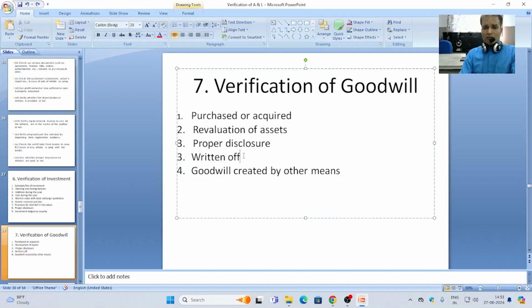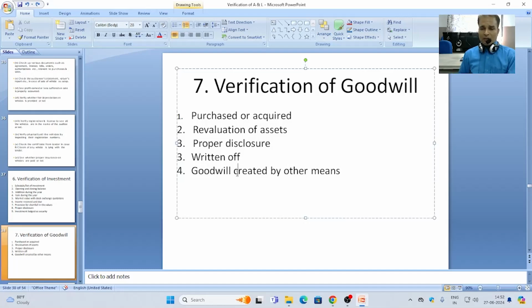The return on goodwill is also taken into consideration at the time of verification. We have to see how much part of goodwill has been written off and the rest should be written off in proper time duration.